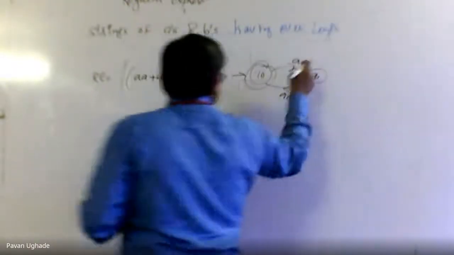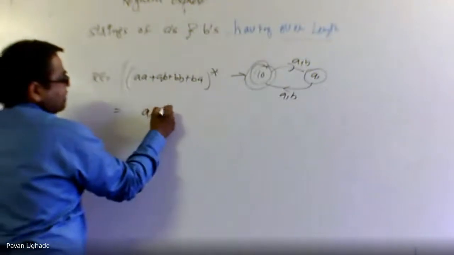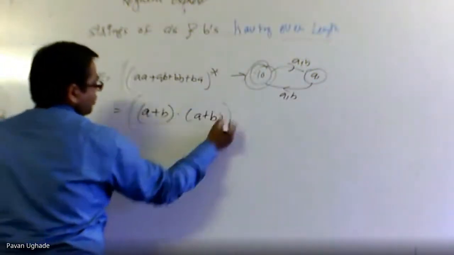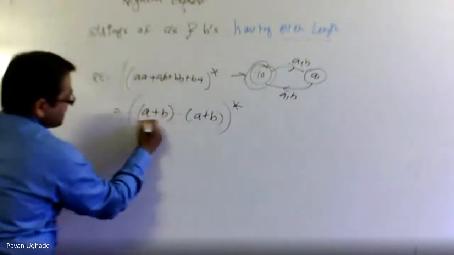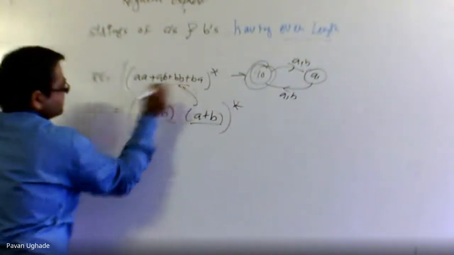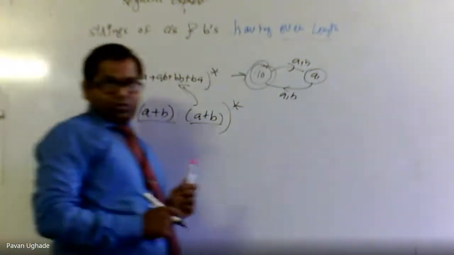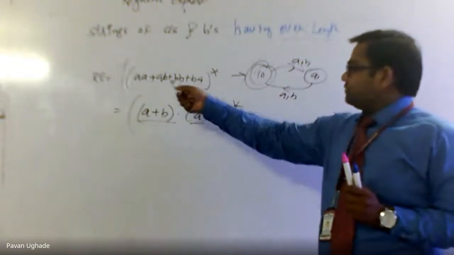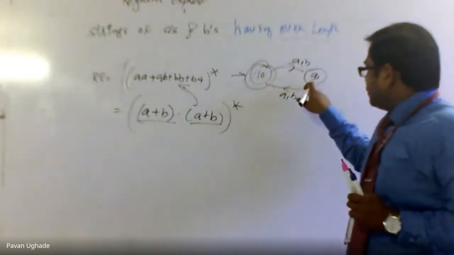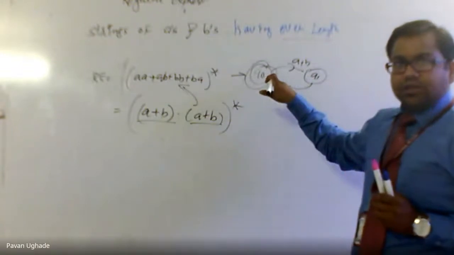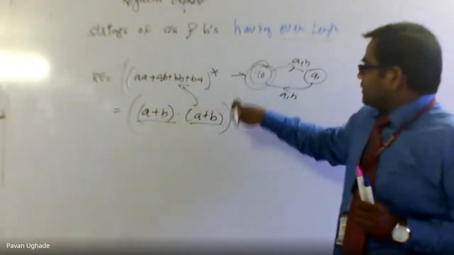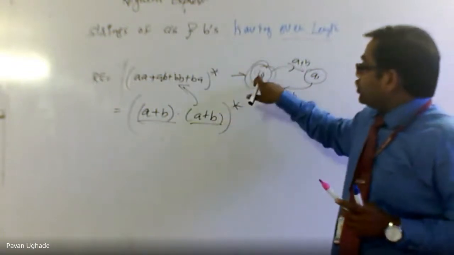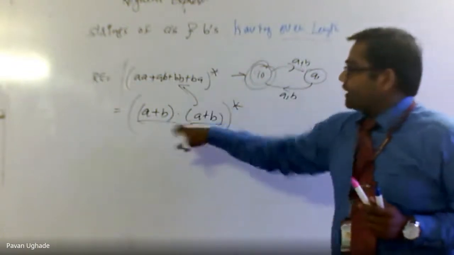You can represent this as A plus B dot A plus B, the whole closure. We have already discussed A plus B dot A plus B. This is A or B, this is the path. So closure can directly consider the epsilon also. So epsilon is also one of them. So we are directly getting it.